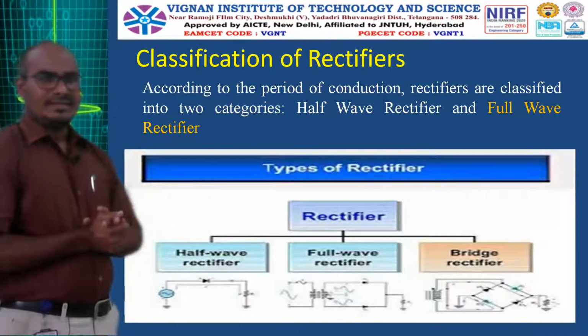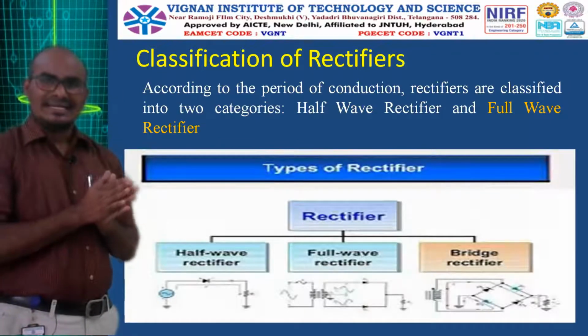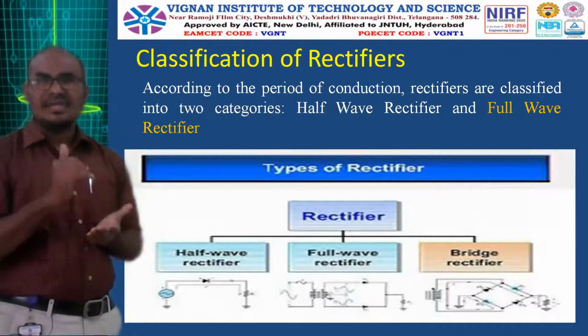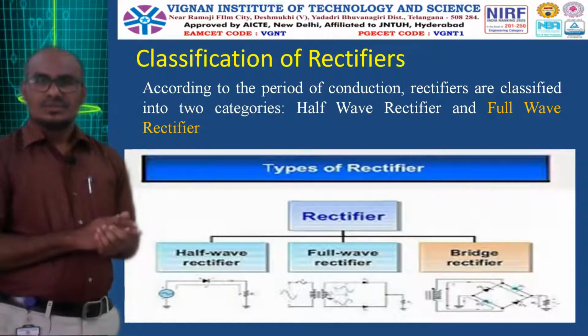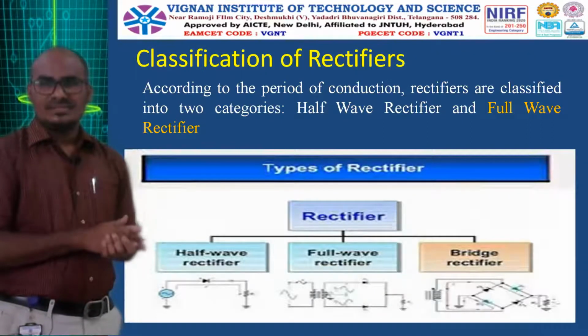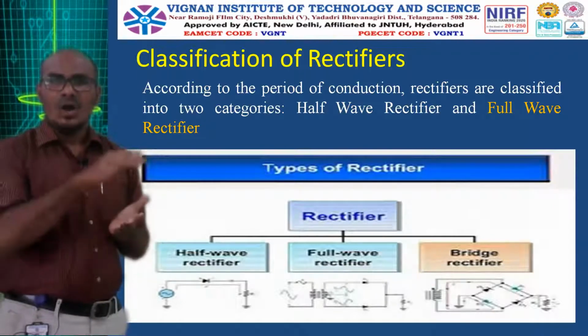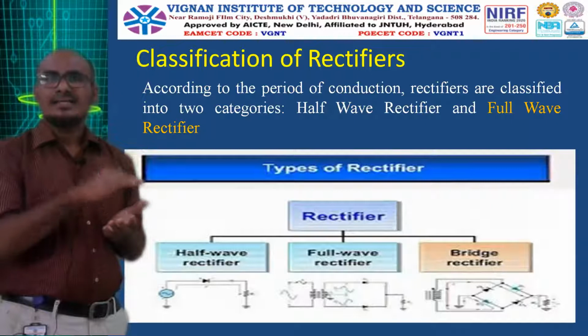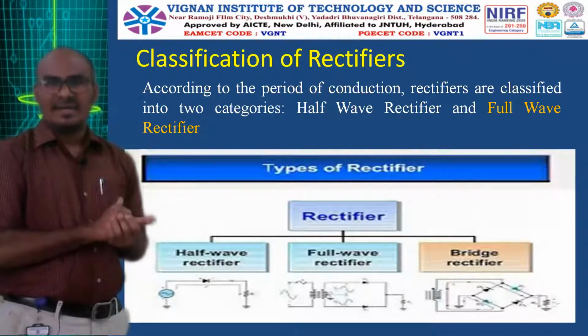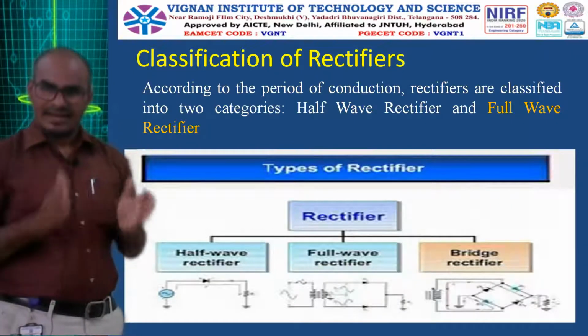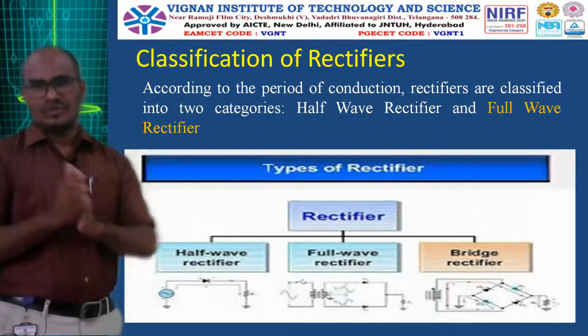So here rectifiers are classified into 3 categories. What is the basis for the classification? The basis for the classification of rectifiers is for how much period the rectifier will conduct, that is, for a half period or for a full period.